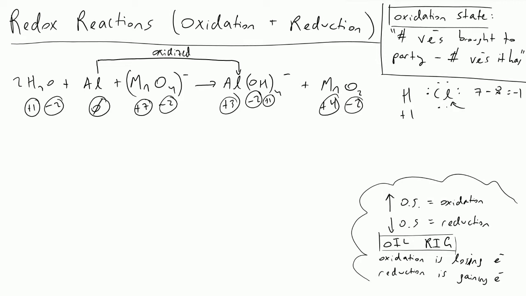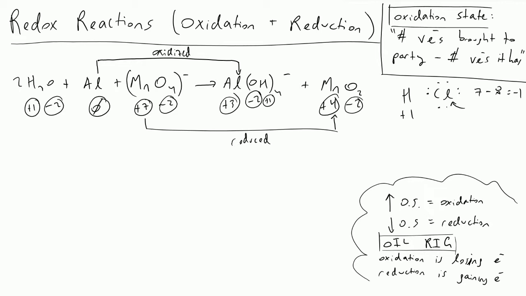And if we look at what's happening to the manganate ion here, we see the manganese atom going from +7 to +4. And that is a less positive number, therefore it is being reduced.